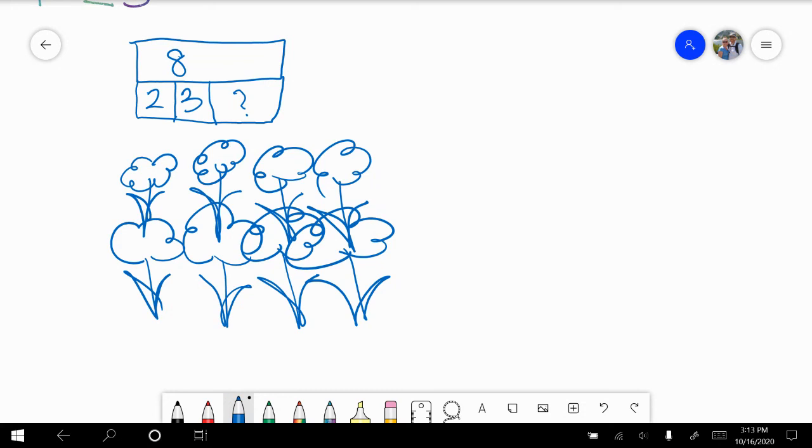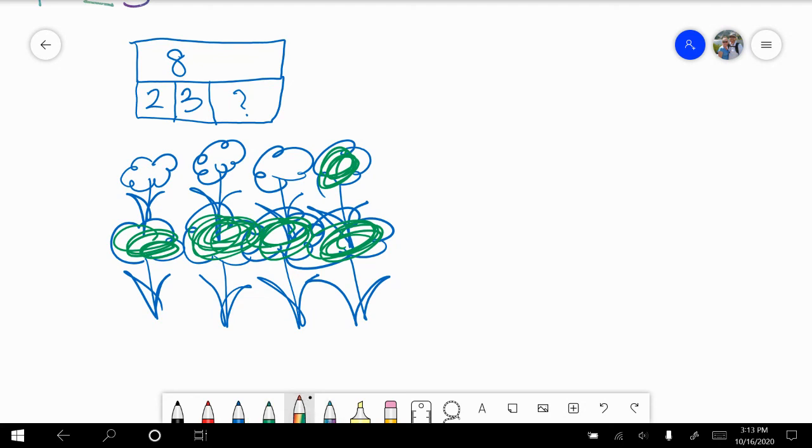So I have 8 flowers. 2 get picked. 1 gets picked, 2 gets picked. Then 3 more get picked. 1, 2, 3.